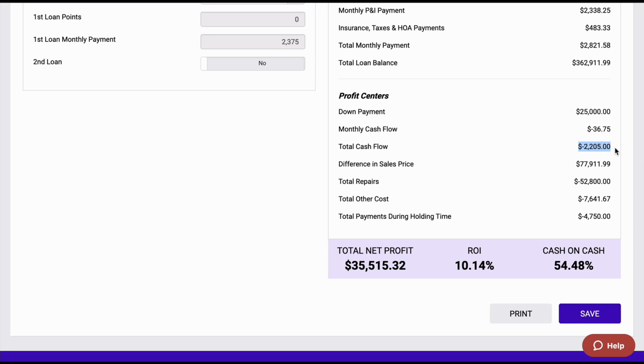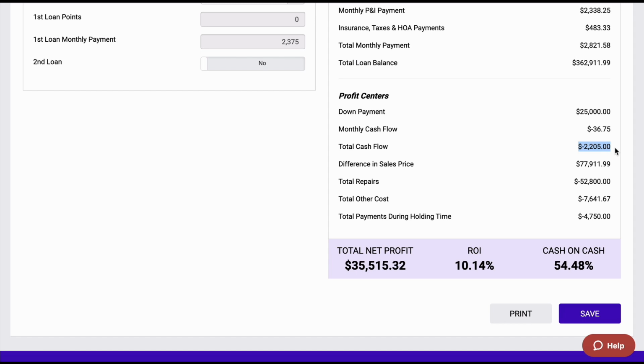So either I need to reduce my cost on the acquiring side somewhere, or I need to increase the cost on the buyer side, unless I'm willing to accept a negative cash flow. So you can see I'm making money in other places, which the big piece here would be the sales price once they buy, but I wouldn't really realize my profit until they bought.